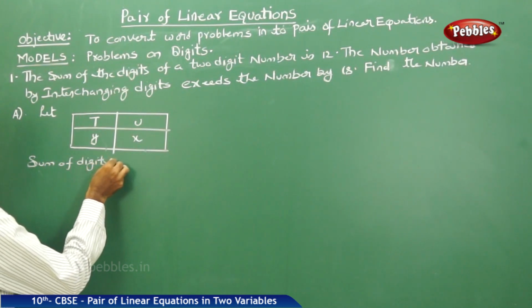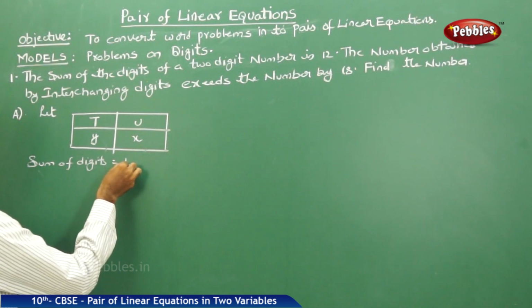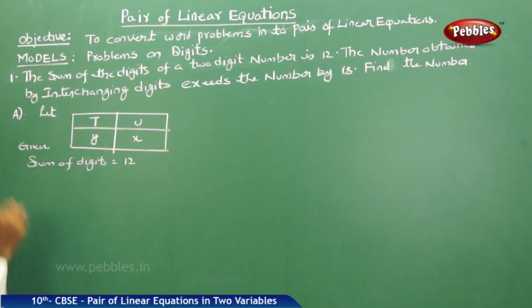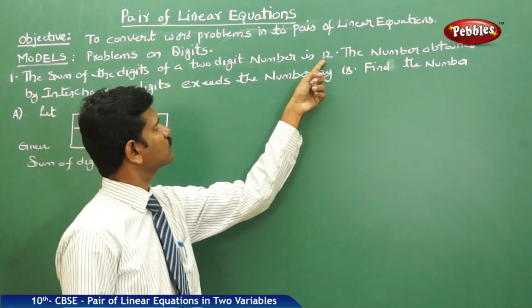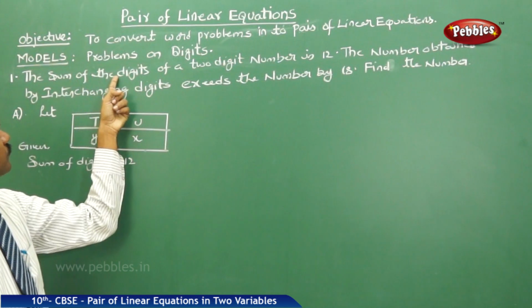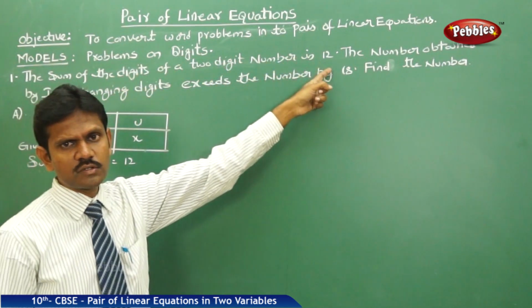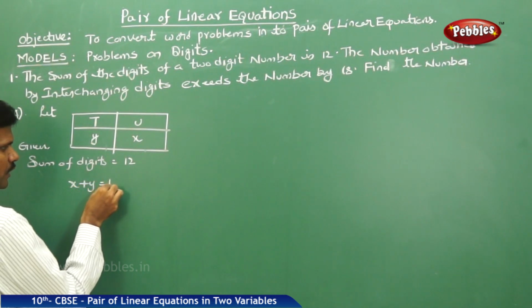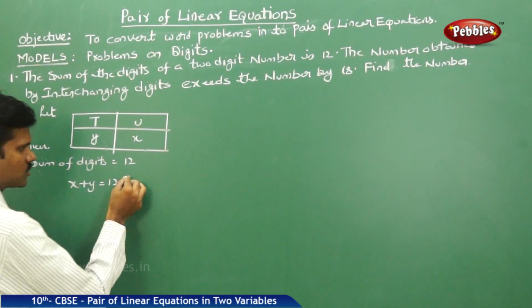The sum of the digits of a two-digit number is 12. That is x plus y is equal to 12. This is equation 1.